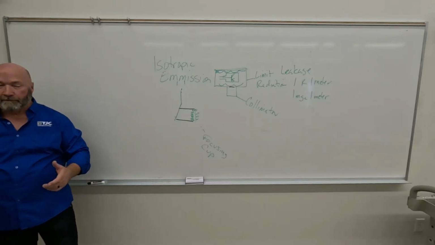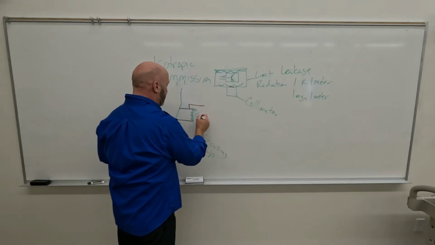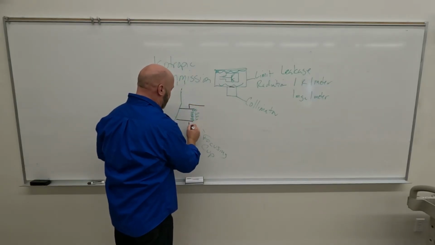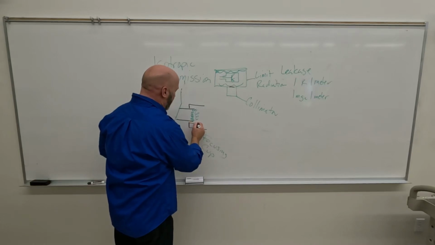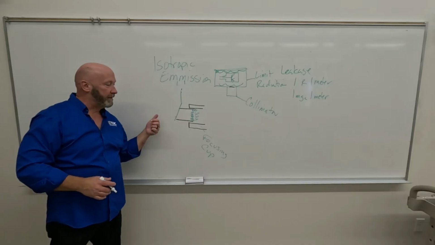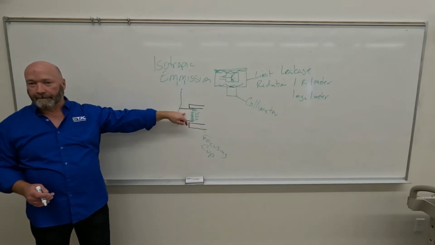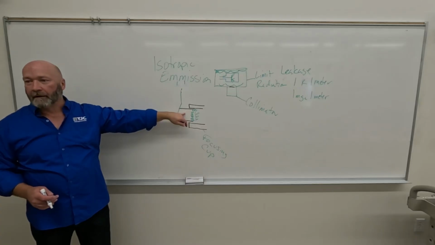Okay? So the purpose for the focusing cup, you saw again that it extended out past the filament. The purpose for the focusing cup is to compress those electrons down so that whenever they travel across the tube, once they get past the focusing cup, are they going to spread out? Absolutely they will.